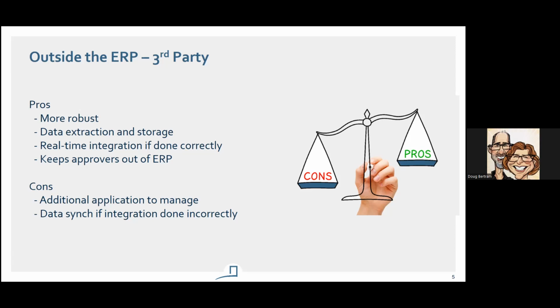That real-time integration is pretty key, because I can't prevent somebody from manually keying something into Microsoft Dynamics. So as part of our solution, we periodically check that if we're processing something, there's that real-time integration. If somebody is trying to duplicate that effort somewhere else, we want somebody to be aware of that.